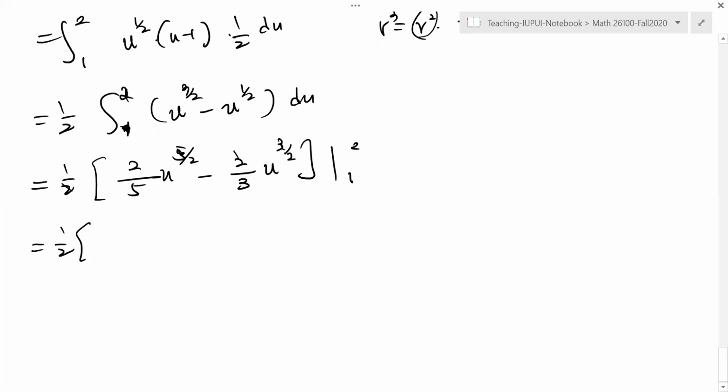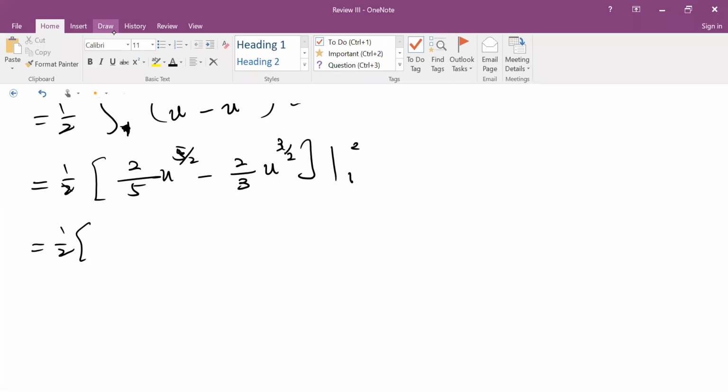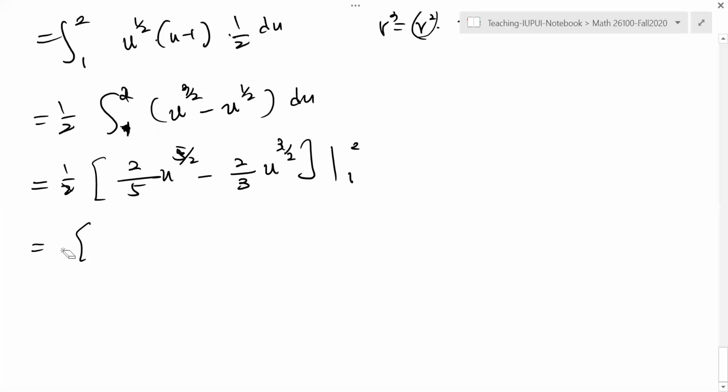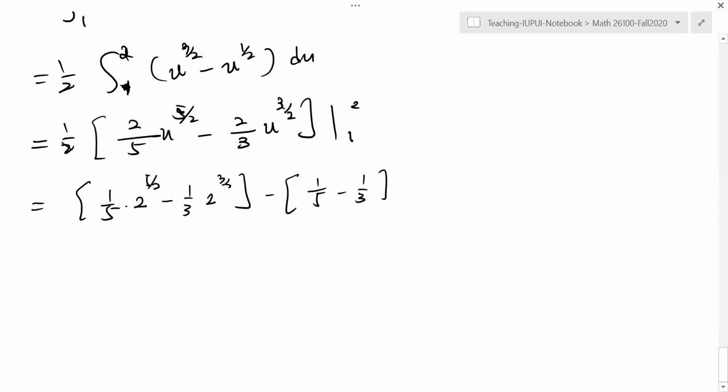The 2 cancels out, so there's no 2 here. So the first one is 1/2 times 2 to the 5/2, minus 1/3 times 2 to the 3/2, minus 1/5, minus 1/3. When we plug in u equals 1, then u to any number is 1, so we leave it like that. I'm not going to finish it.